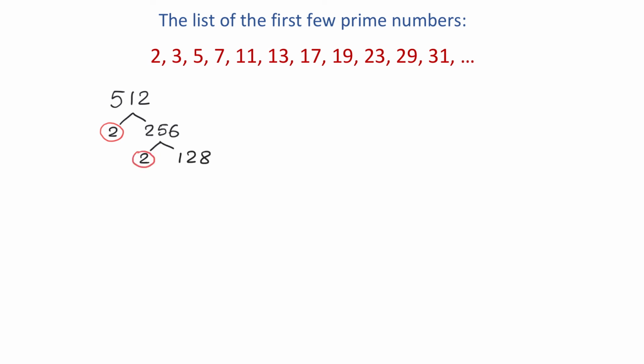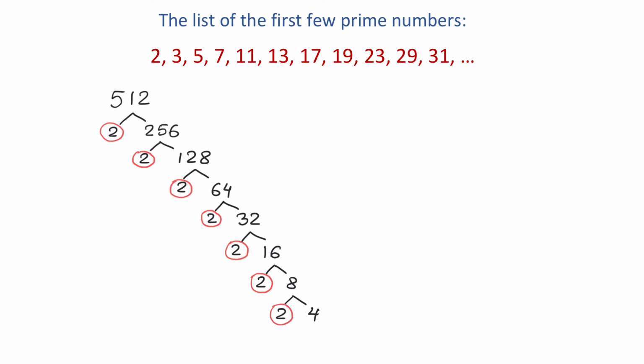Then 128 divided by 2 is 64. 64 divided by 2 is 32. 32 divided by 2 is 16. And 16 divided by 2 is 8. Then 8 divided by 2 is 4. And 4 divided by 2 is 2.